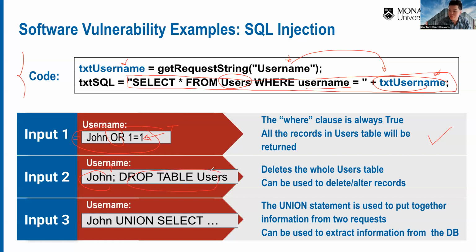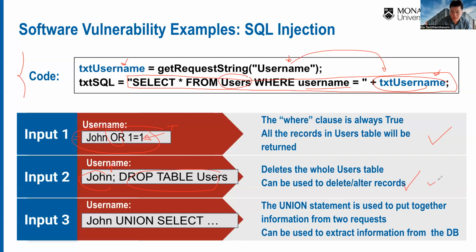So basically, you want to drop the whole table. Then what's wrong? Data availability becomes an issue. That's one of the security properties, and it is not met at all because the whole data is deleted already.